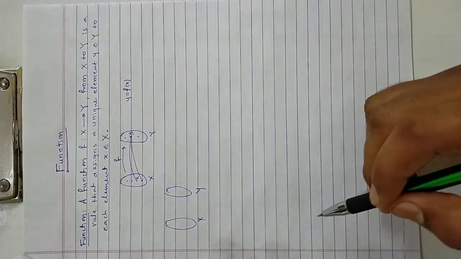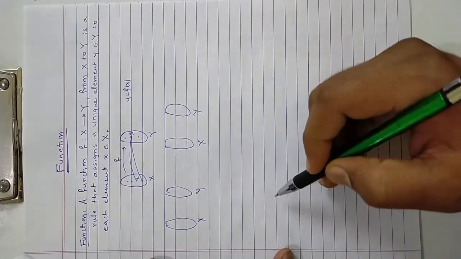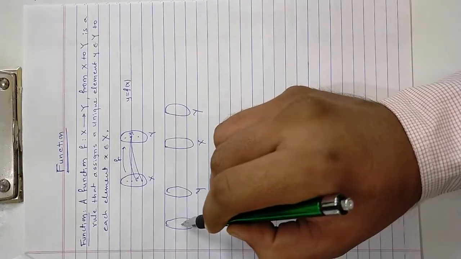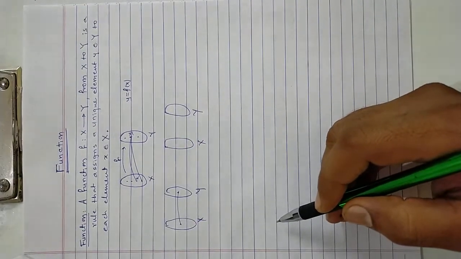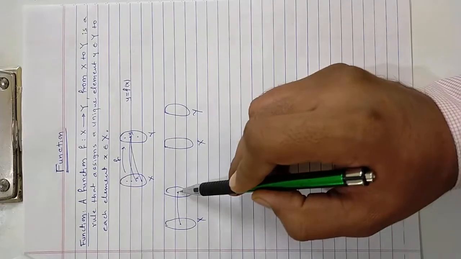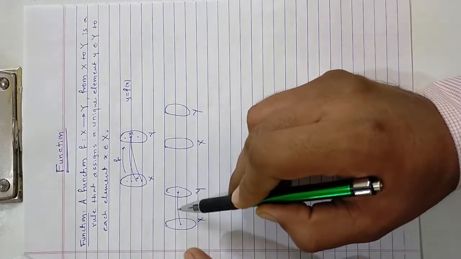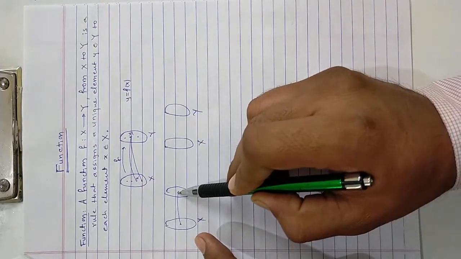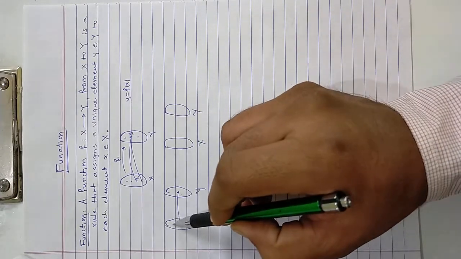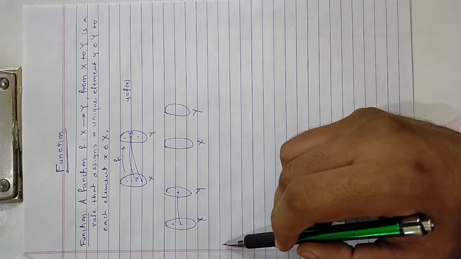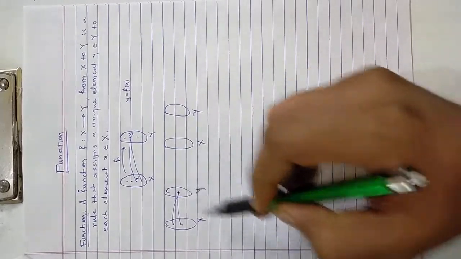So it is your job to take two sets X and Y with some possibilities. If this has one element, this has one element, and I define a map like this, is it a function? Yes, definitely it is a function. It is a rule under which we have assigned an element of Y to each element x in X. That means this element is the unique image of this element in X. If I consider two elements in set X and map this to this, is it a function?